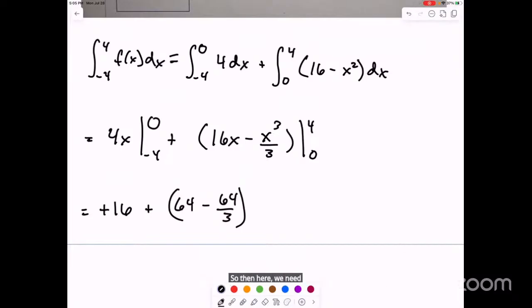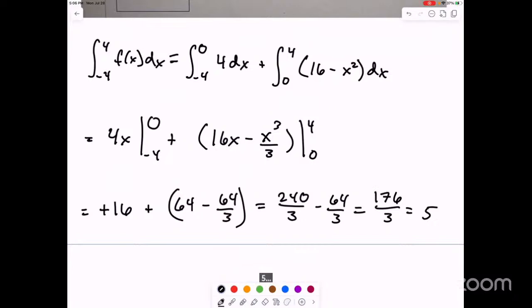So then here we need to combine like terms. 240 over 3 minus 64 over 3, so 176 over 3, and 8 times 3 will be 24 and 2/3, so 58.6 bar.